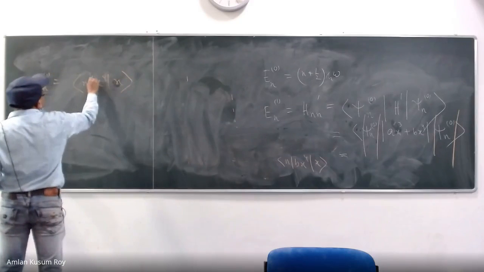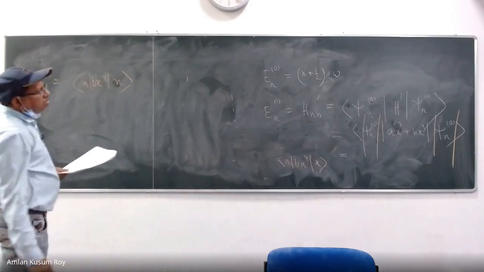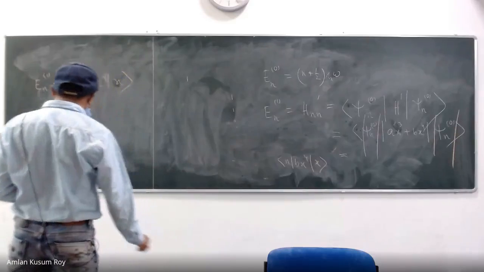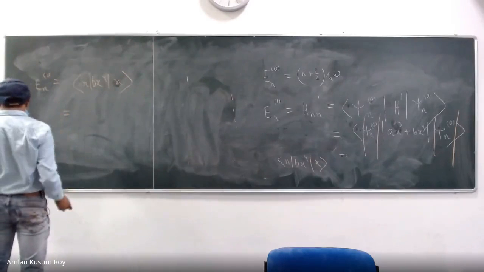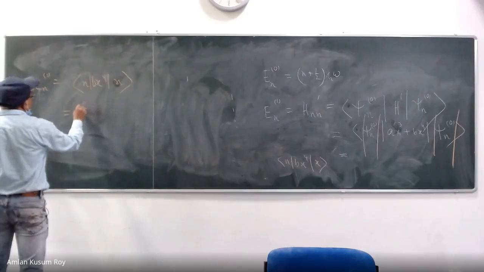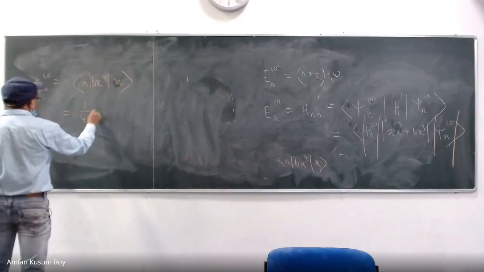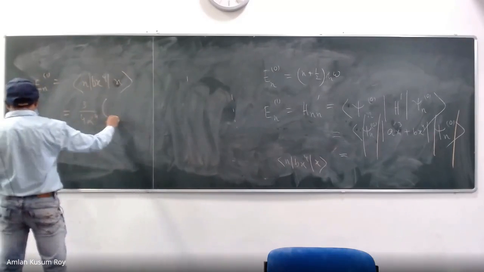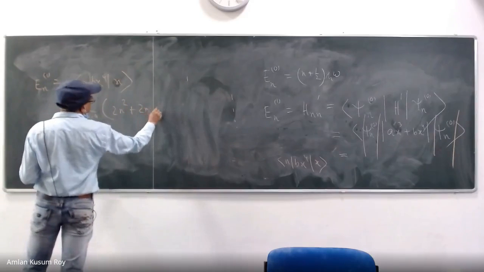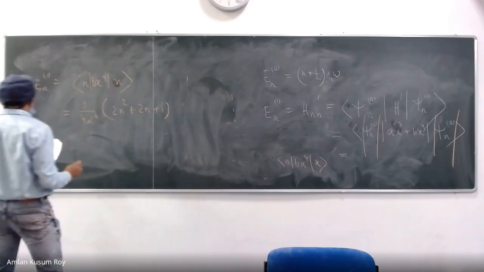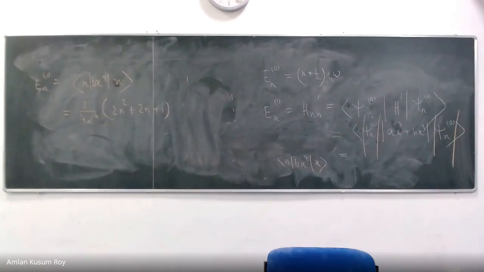This is bx to the power 4, right? And harmonic oscillator wave functions you can put, and you can do this integration, 3 by 4. This is an integration which can be done analytically for all n. So 2n square plus 2n plus 1. How neat a result you get, right?